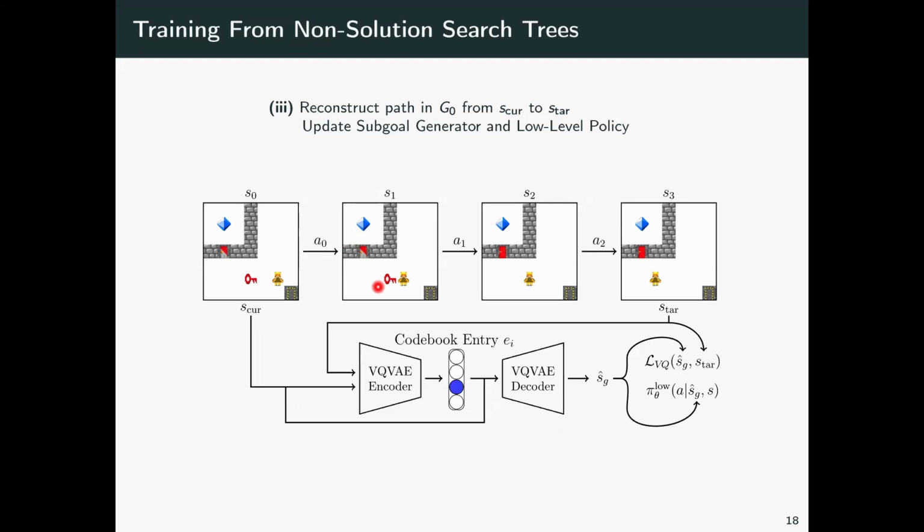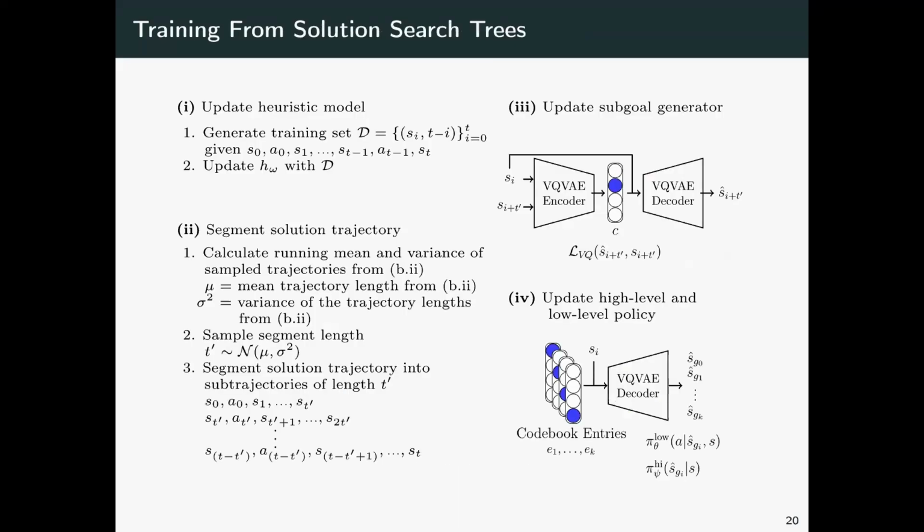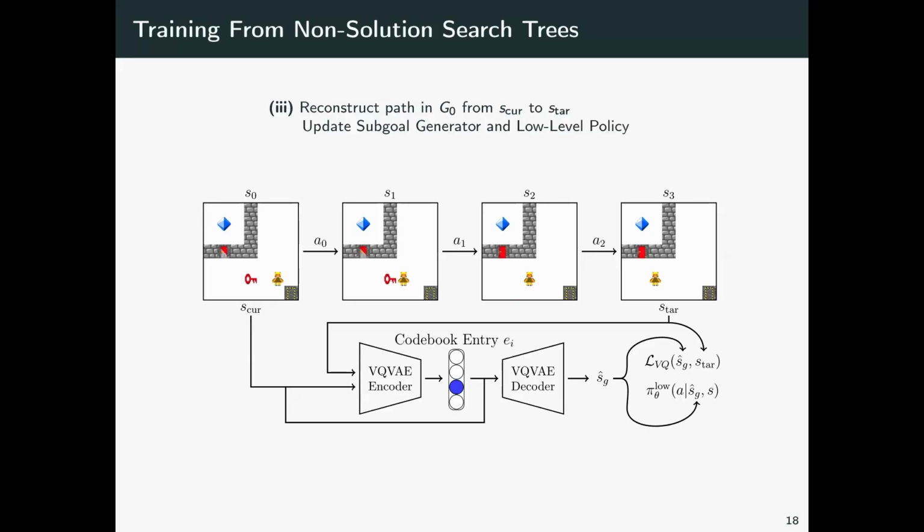These are the types of subgoals that we're learning, related to the underlying structure of my map. So when I don't solve the problem, I'm able to train the low-level policies, and I'm able to train my subgoal generator.